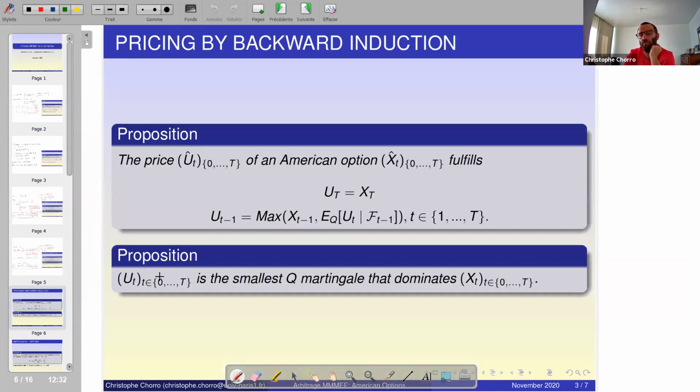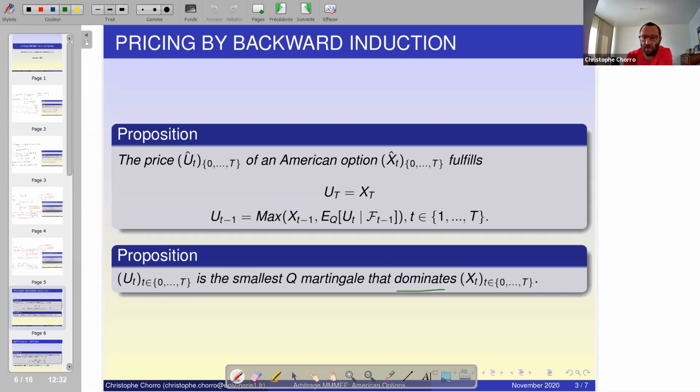So before I show you an example, okay, we are going to see one little, in fact, two little properties, okay. I said that, in fact, the actualized price of an American option is the smallest Q martingale that dominates this American option. So U_t is the smallest Q martingale such that U_t is greater than X_t.